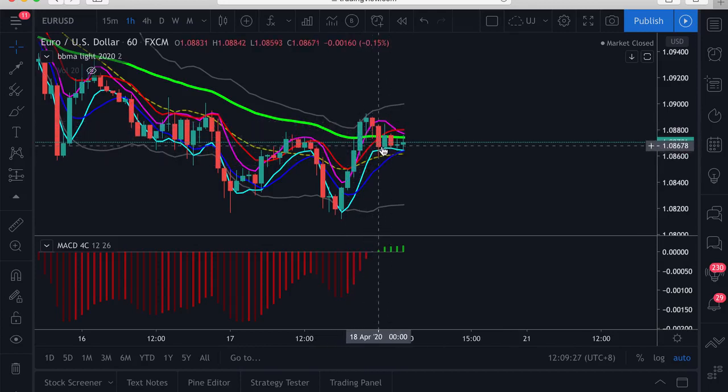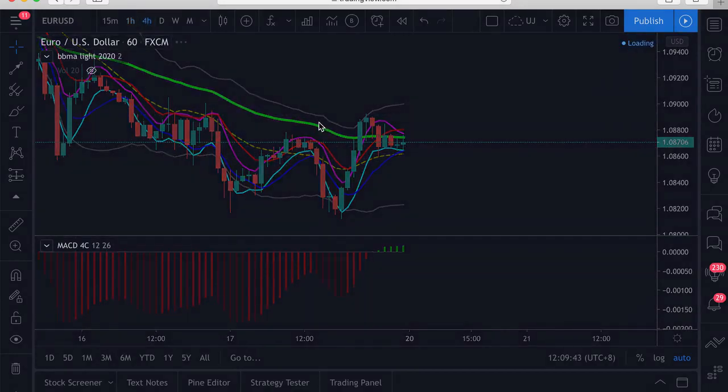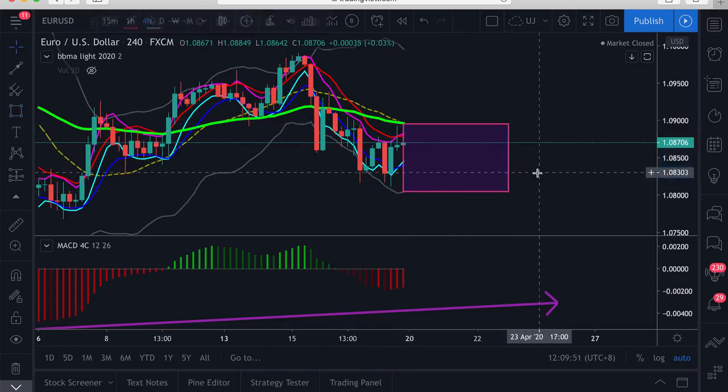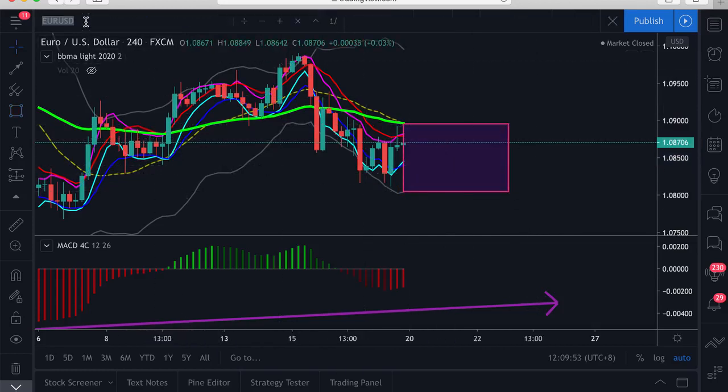So for the time being, I'll take this as an entry confirmation and this as a re-entry buy. So for Euro USD, we can instant buy from the H4 buy zone, which is from the mid BB to the low BB. So this is the buy zone on H4. Okay, so that's Euro USD.